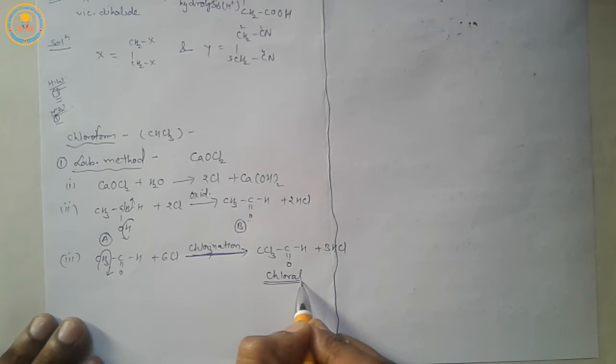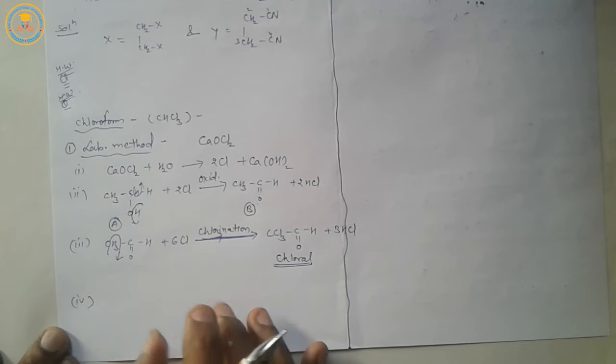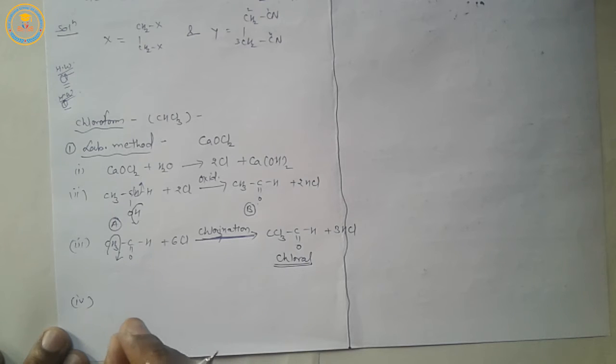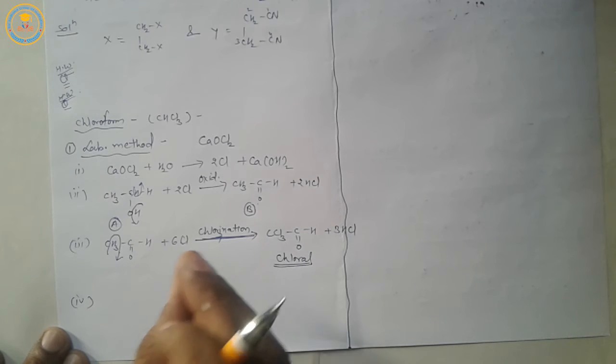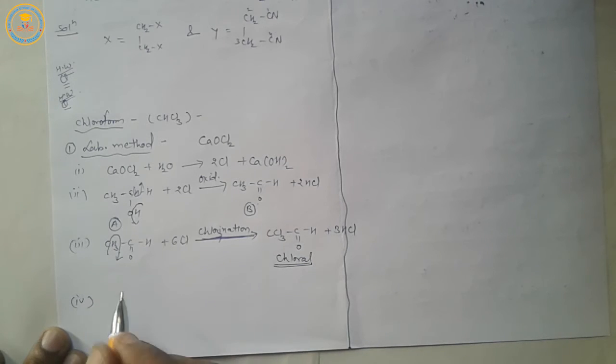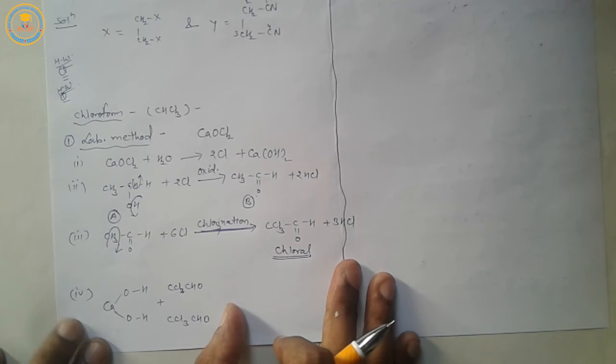Very important. Now in the fourth step, chloral is hydrolyzed with the calcium hydroxide formed in the first step, then chloroform is formed. So this is the calcium hydroxide molecule and this is the chloral molecule.